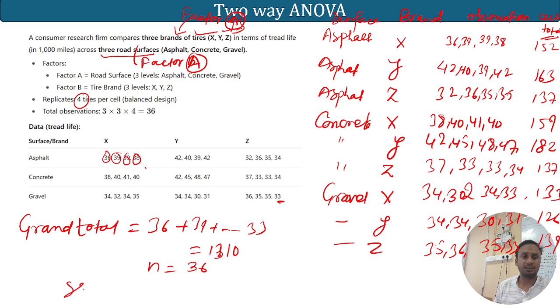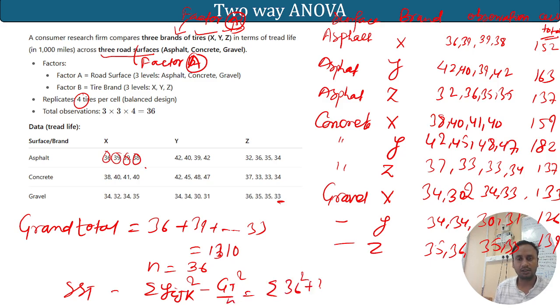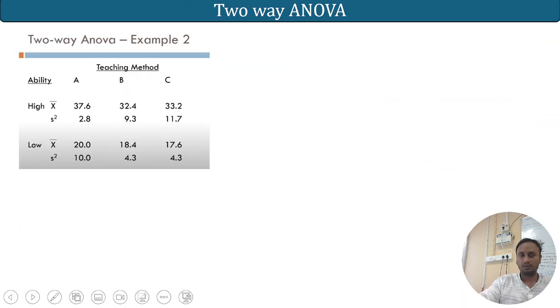So calculate the SST, summation of yijk square minus GT square by n. It will be the summation of 36 plus 39 till 33 square, minus 1310 square by 36. It will come to some value.